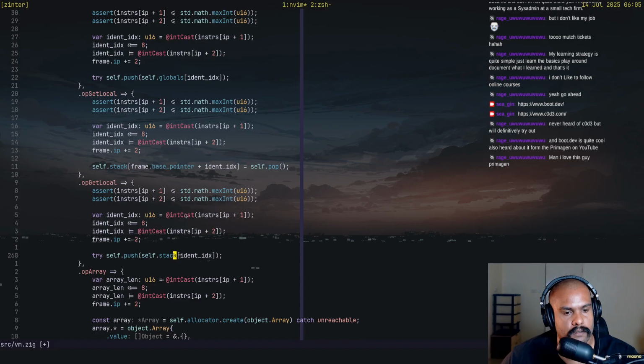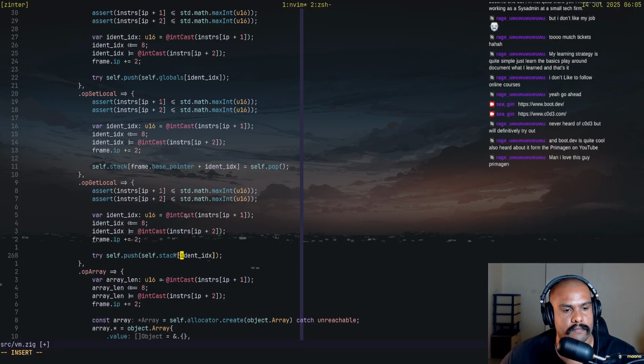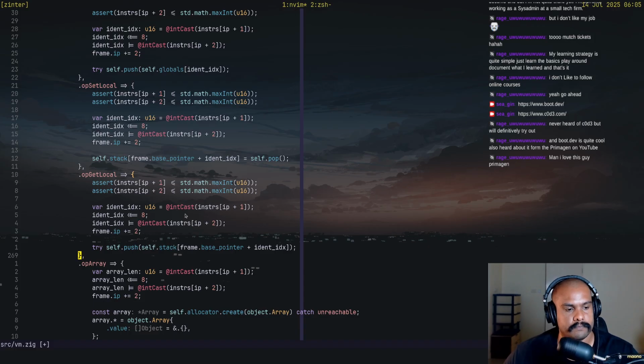Back. Frame dot base pointer. I think that's everything.